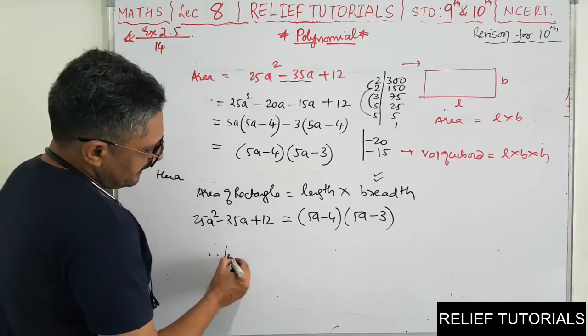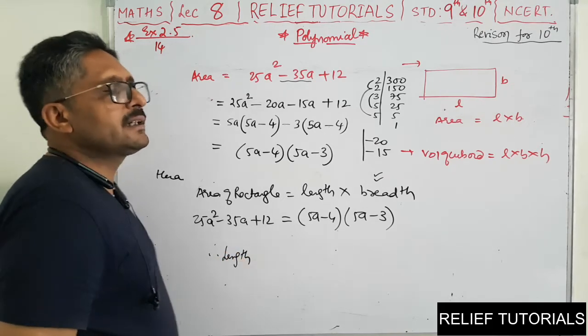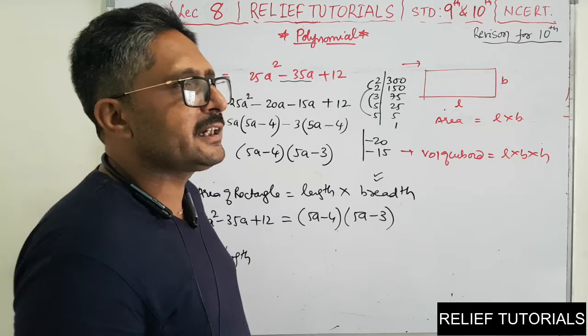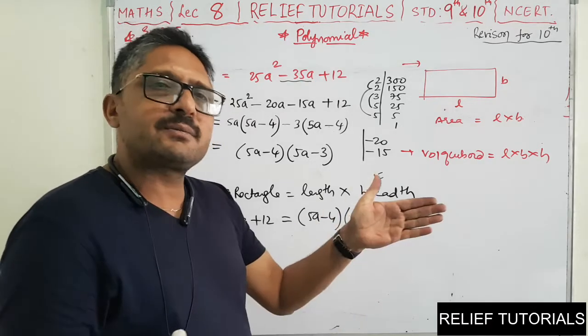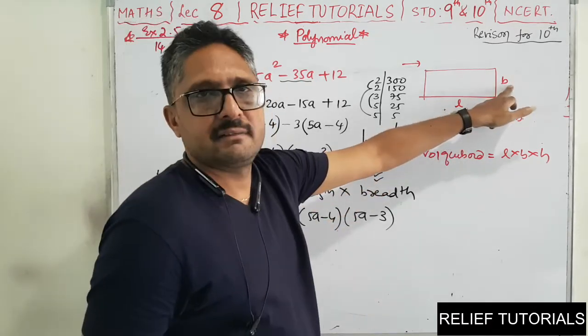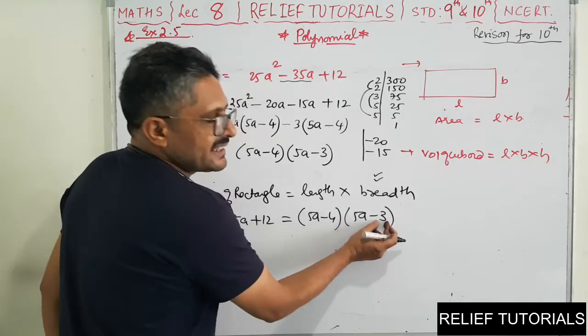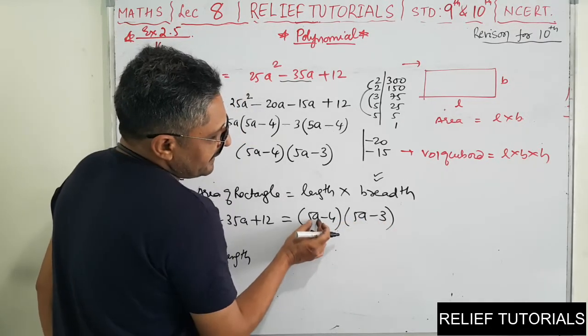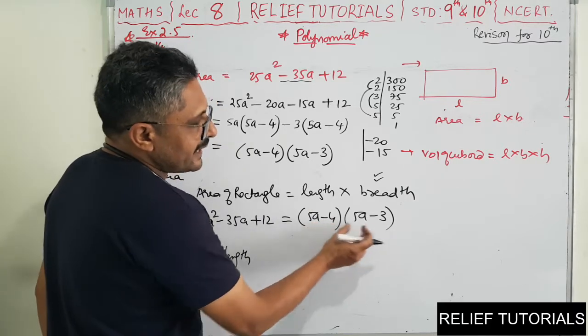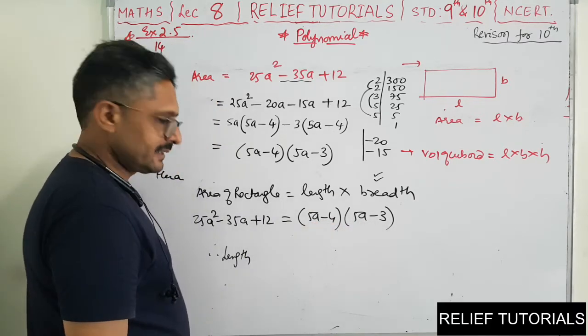So therefore, one thing, particularly if you know that traditionally in a rectangle, length is bigger than breadth. So from these two you have to select which is bigger. From 5a we are subtracting 3 only, and here from 5a we are subtracting 4. So this is smaller and this is bigger. Clear?